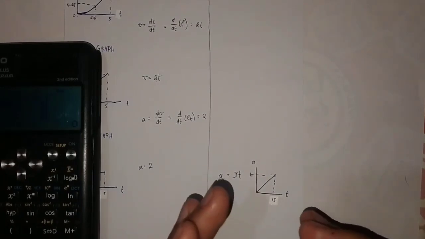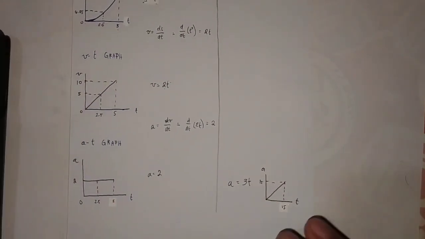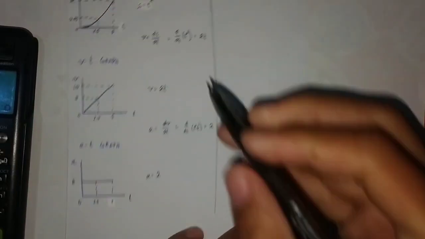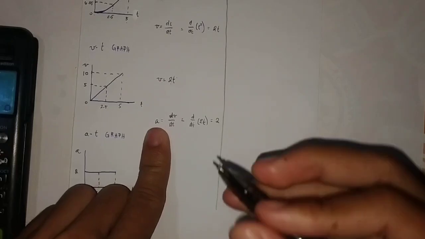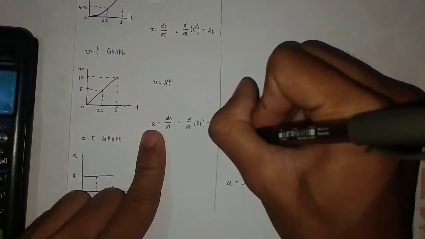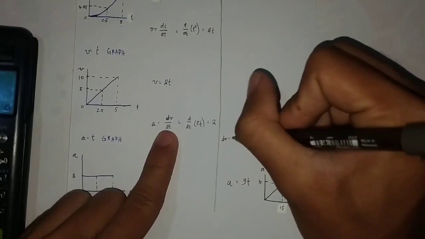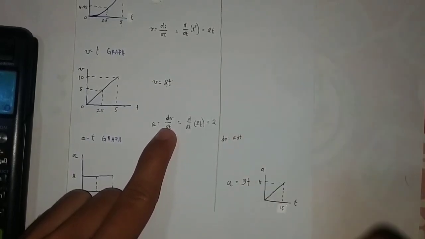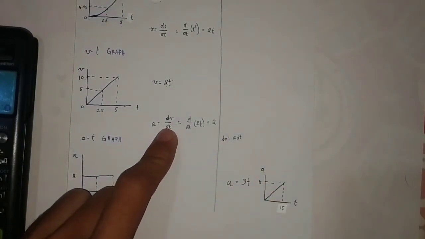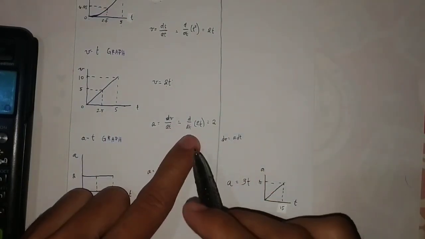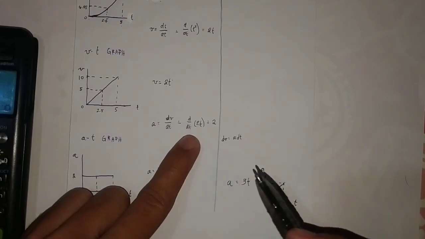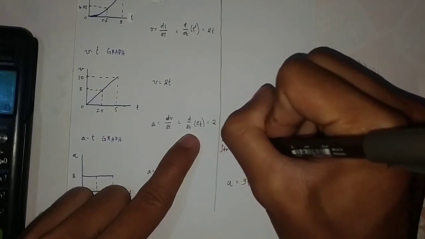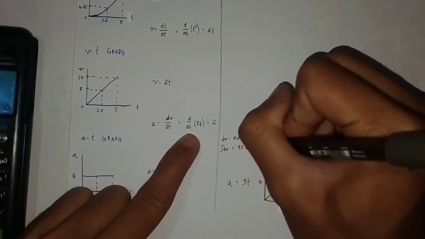So how do we derive an equation for the VT graph from your AT graph? We have the formula A equals dv over dt. We'll just rearrange it. We'll have dv equals a dt. So instead of differentiating our equation, we'll be integrating. We have the integration of dv equals 3t dt.